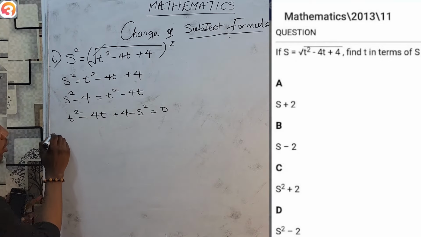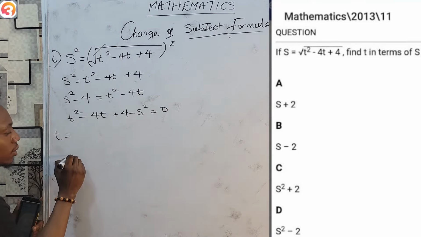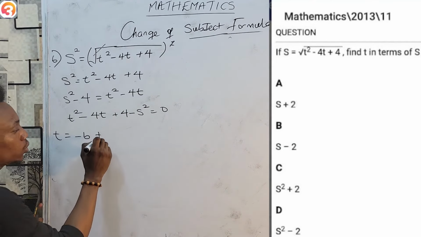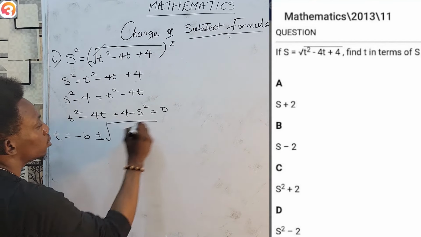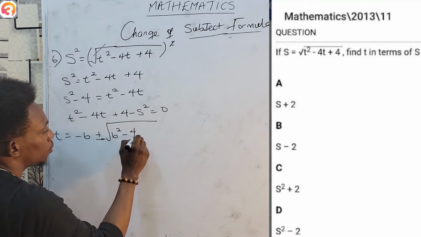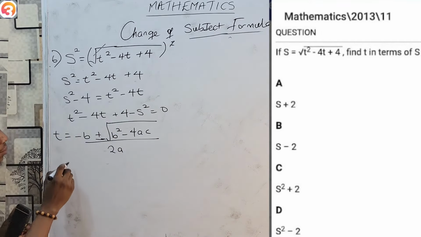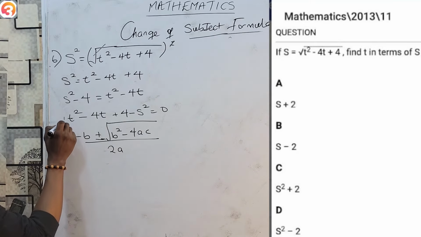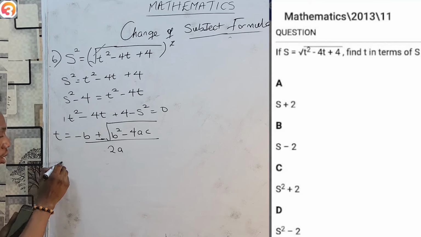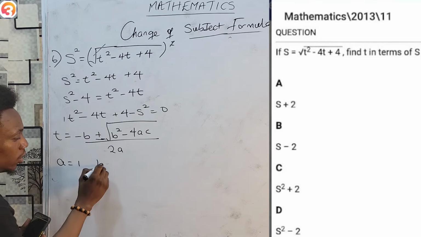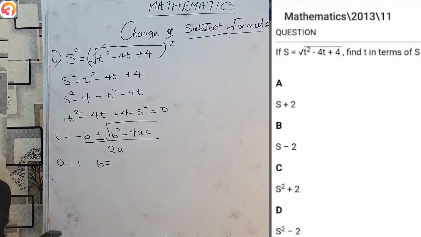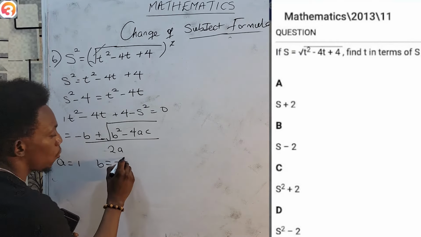I know that quadratic formula is minus b plus or minus the square root of b squared minus 4ac all over 2a. So as before, my a is whatever number is here. Since there's no number there, that must be 1. B is the number that is with just the letter, which is minus 4.